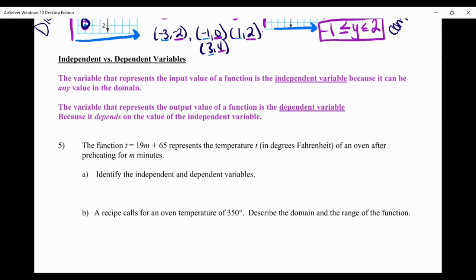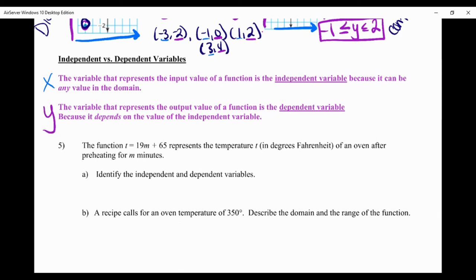So the input value is the independent variable, and it can be any value in the domain. So it's typically going to be whatever x is. The output value is the dependent variable because it depends on the value of the independent variable.